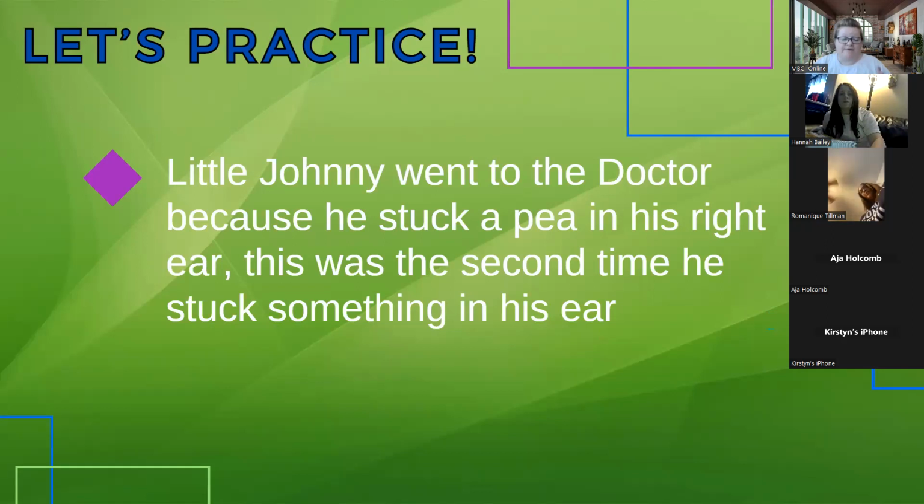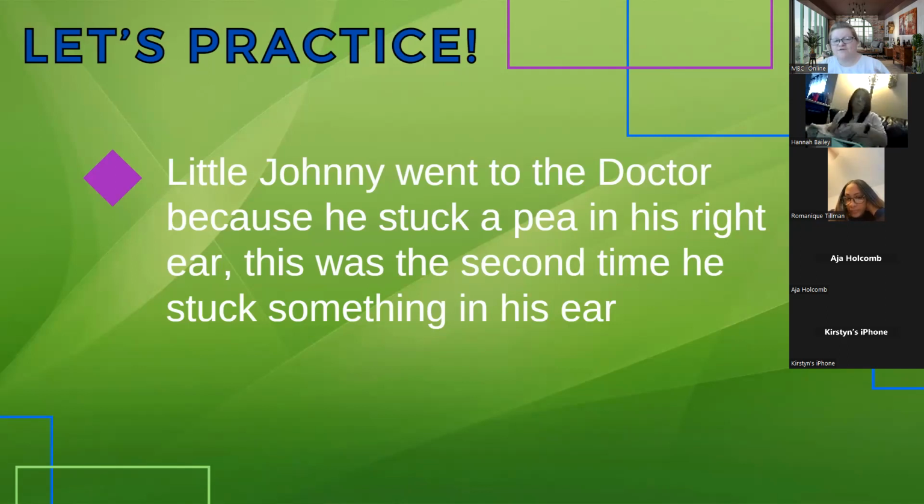So no matter what, whether it was a marble in his ear, a pea in his ear, or an eraser in his ear, or a Lego, it doesn't matter. It's all considered a foreign body. When you have something stuck somewhere that doesn't belong, it's considered a foreign body.